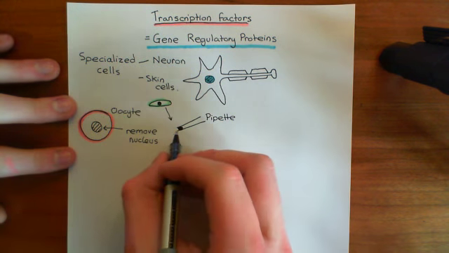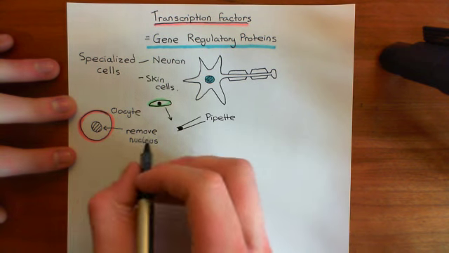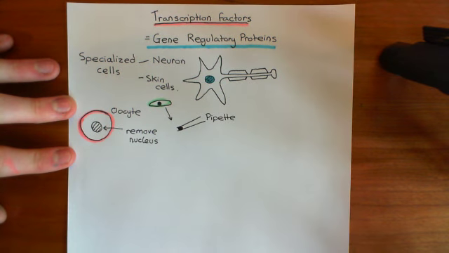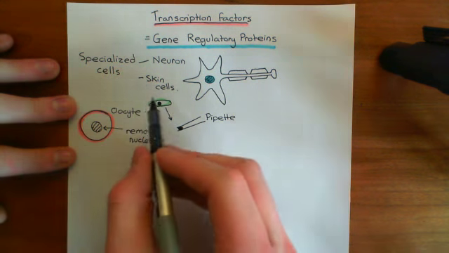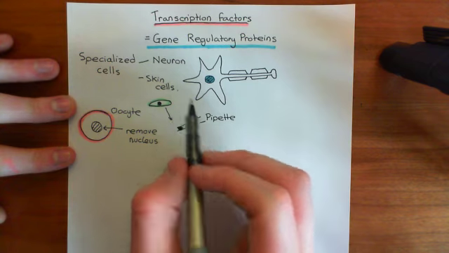But the thing is, if you do inject this nucleus into this enucleated egg cell, you get a perfectly functional tadpole. So that was the first experiment that truly showed that there could have been no change on the level of the DNA within the nucleus of these specialized cells.